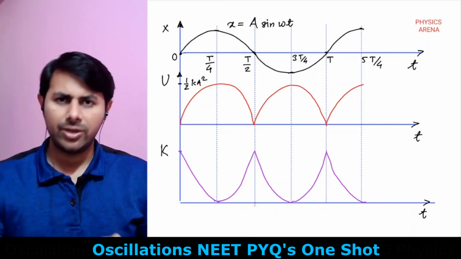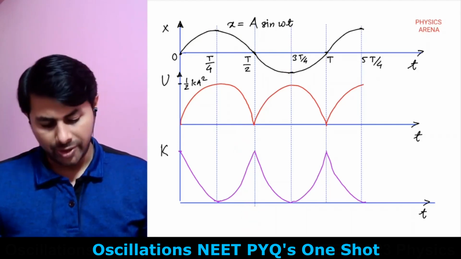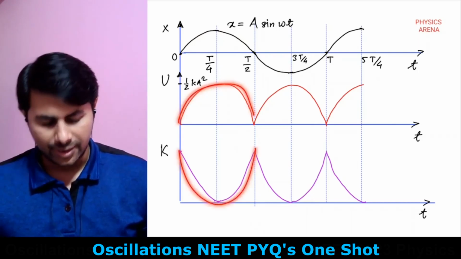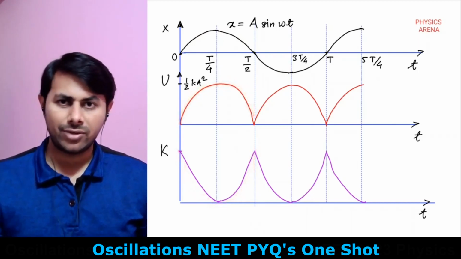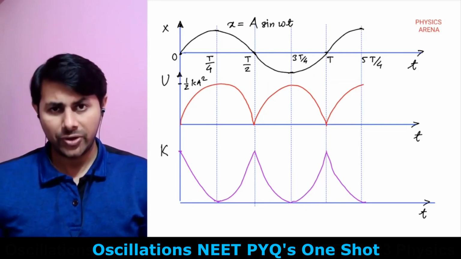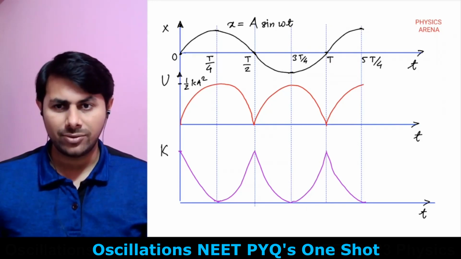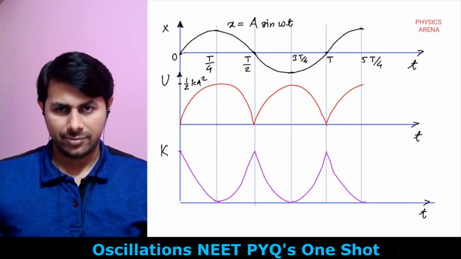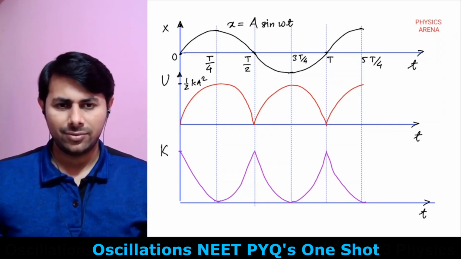So even if you take the difference, because both of these are periodic with period equal to T by 2, the difference is also periodic with period equal to T by 2. Got it? Yes, no?